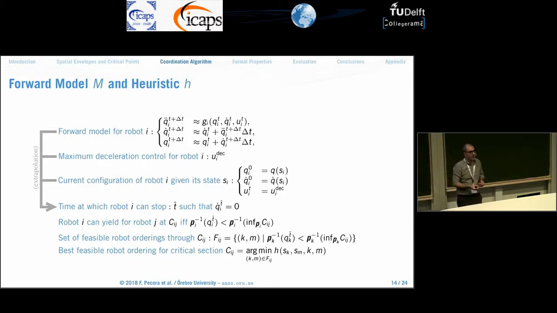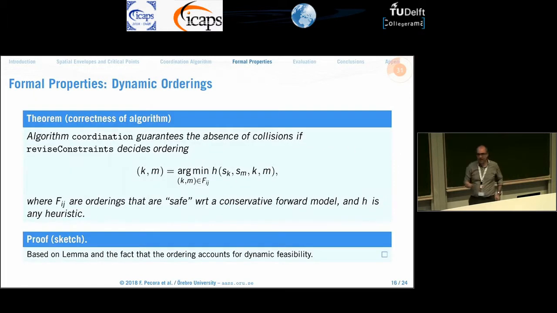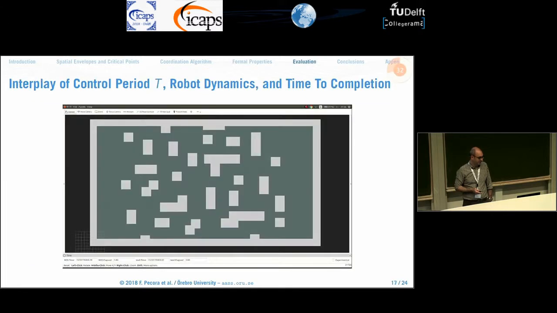And if we can do that, it's quite easy to prove that no matter what heuristic you substitute into the algorithm, the orderings that are decided on the fly are dynamically feasible.